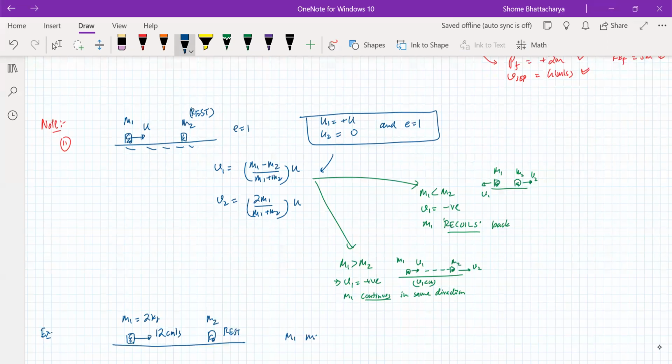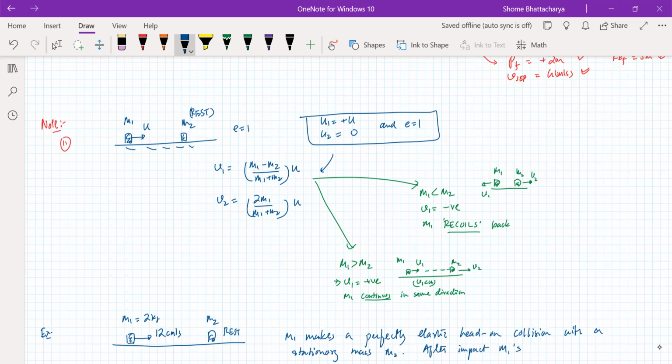So M1 makes a perfectly elastic head-on collision with a stationary mass M2. Okay, after impact, M1's speed is 6 centimeters per second.